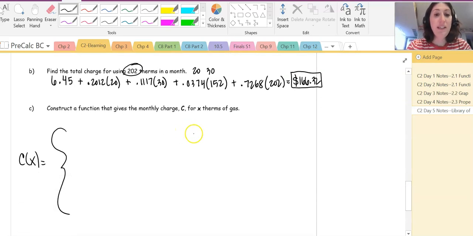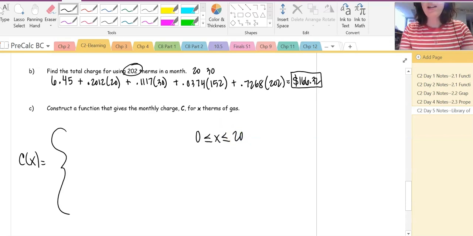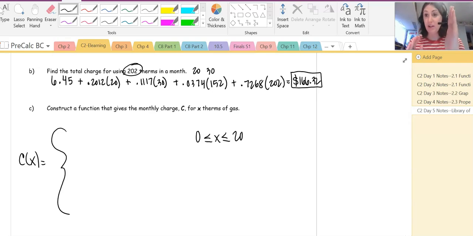Okay? We do need to make sure that we put a 0 is less than or equal to X less than or equal to 20. Because if you just say X is less than or equal to 20, and you don't put that 0, you're saying that you could have negative therms, which you cannot. So you do need to have a 0 here.